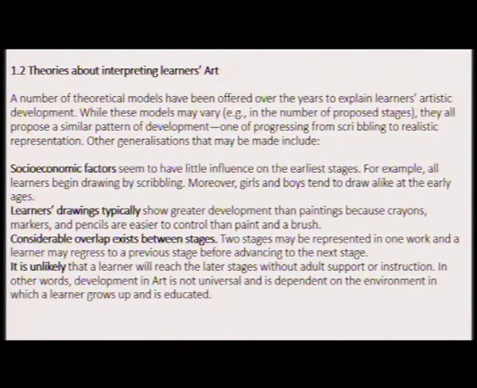While these models might vary, for example, in the number of proposed stages, they all propose a similar pattern of development, one progressing from scribbling to realistic representation. Other generalizations that might be made include socio-economic factors, learners' drawings, and that considerable overlap exists between stages.